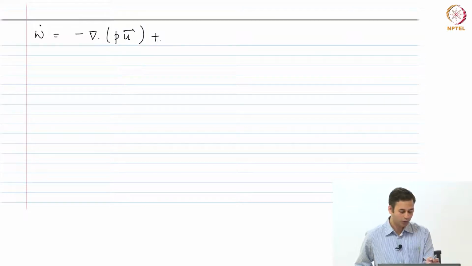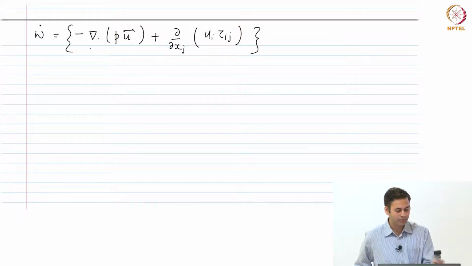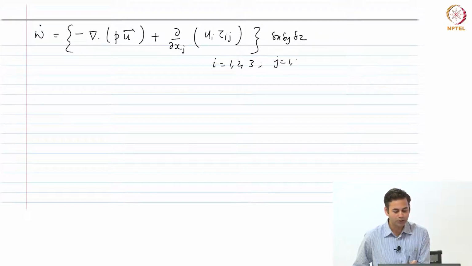So I can use index notation and club all of them into partial x_j times u_i tau ij. Would that give me all the 9 terms? It will give me all the 9 terms times delta x, delta y, delta z. So this you have to verify because there is a repetition of the subscript that will add to summation. Essentially what you have to do is substitute i equals 1, 2, 3 and j equals 1, 2, 3 at a time.